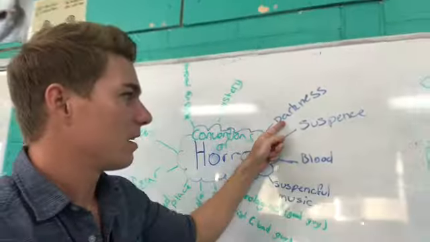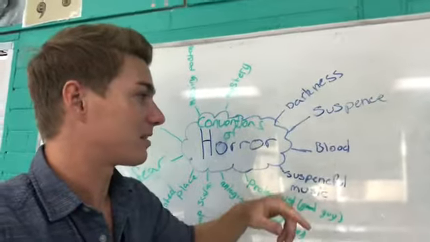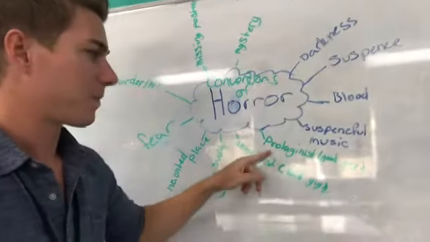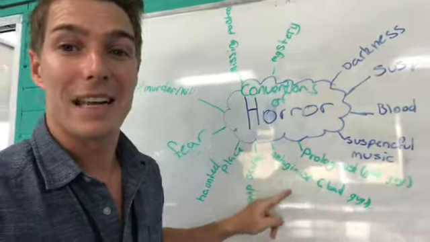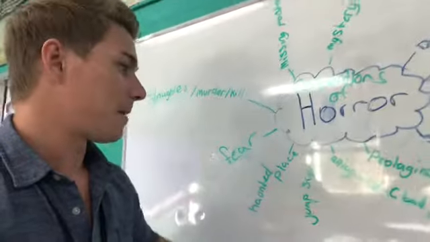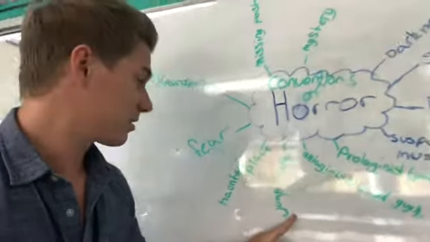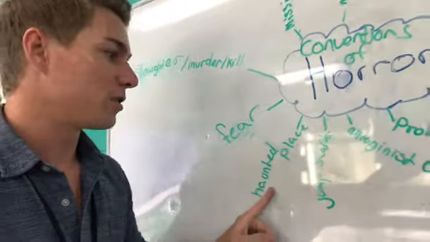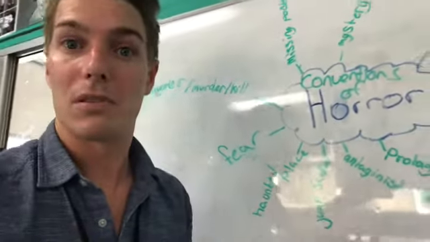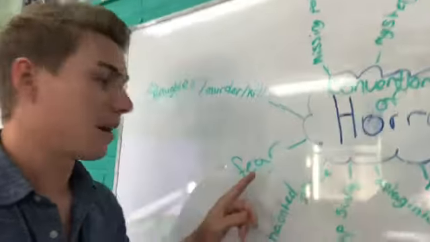All right, so you may have come up with some of the ideas that 7E came up with today. So conventions for horror might be darkness, suspense, blood, right? Suspenseful music, good and evil characters, the protagonist and the antagonist, jump scares, haunted settings, haunted house, haunted dark forest, something like that.